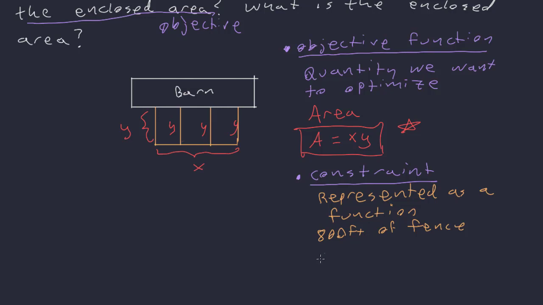So at the end of the day, this 800 feet must equal 4 y's plus 1 x. Or in other words, when we take the length y 4 times and the length x 1 time and sum them together, we must get 800 feet.